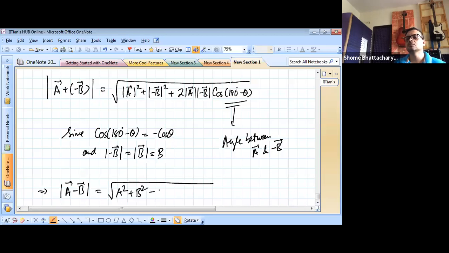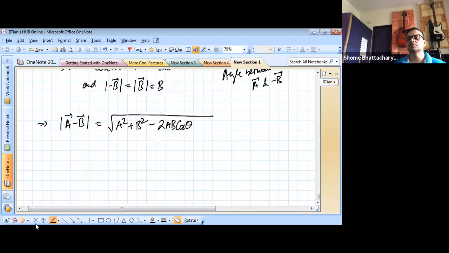So this becomes minus 2AB. So this becomes our formula for magnitude of A minus B.